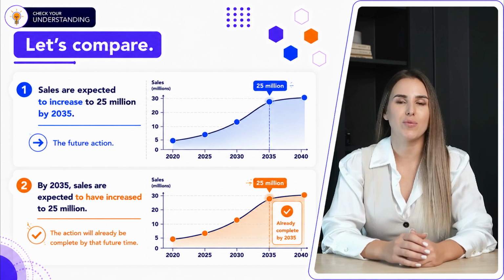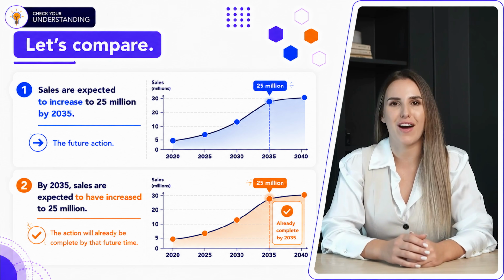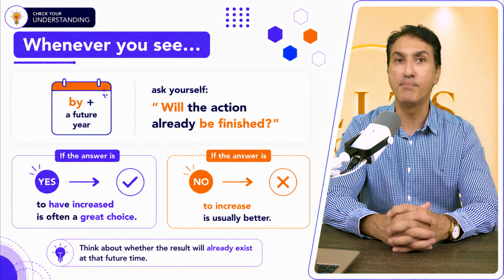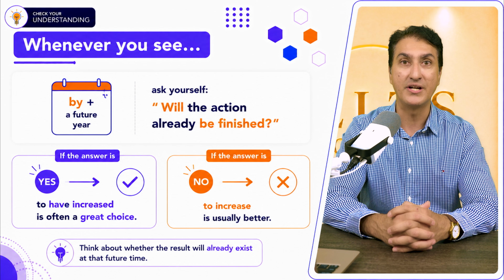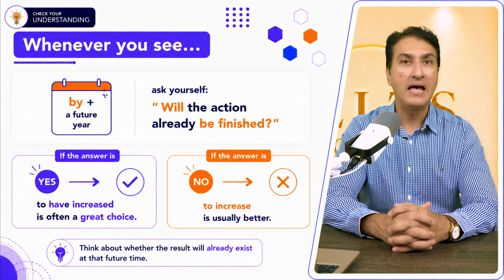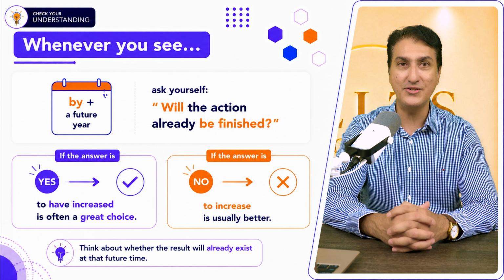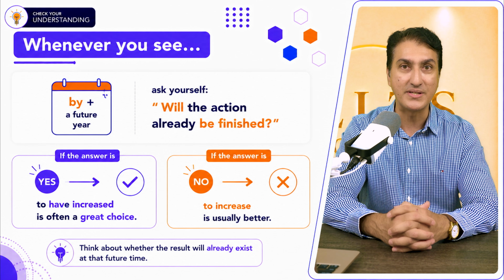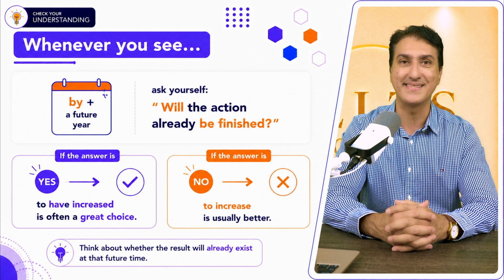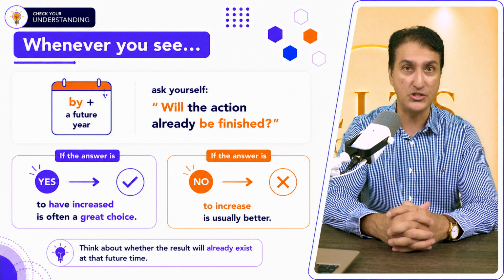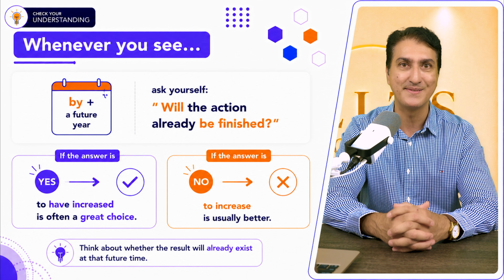It's almost like we are traveling to 2035 and looking back at what has already happened. That's a brilliant way to think about it. Whenever you see by plus a future year, ask yourself, will the action already be finished? If the answer is yes, to have increased is often a great choice. If the answer is no, to increase is usually the better choice.